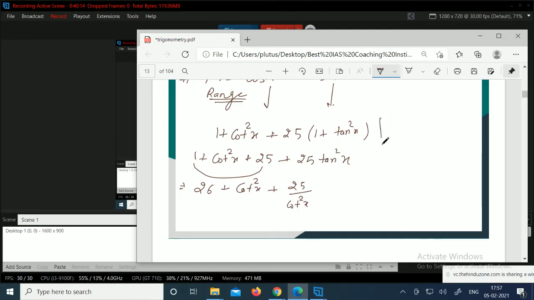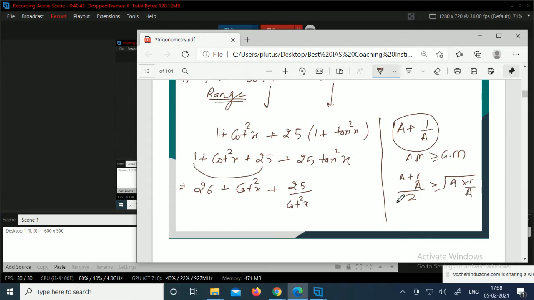If an equation has some kind of a plus 1 by a, we can use the AM-GM method to calculate the maximum or minimum value, because AM is greater than or equal to GM. So a plus 1 by a, divided by 2, is the arithmetic mean, which is greater than or equal to the geometric mean, root of a into 1 by a.